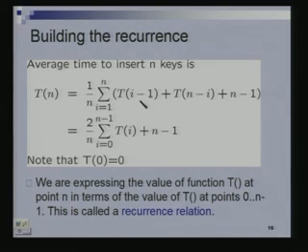Now, note that each of these terms will appear twice. So, if I look at T3, it will appear once for i equals 3, i equals 4, and it will appear once as i equals n minus 4, n minus 3, sorry.